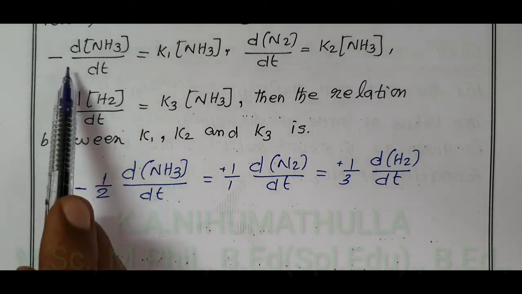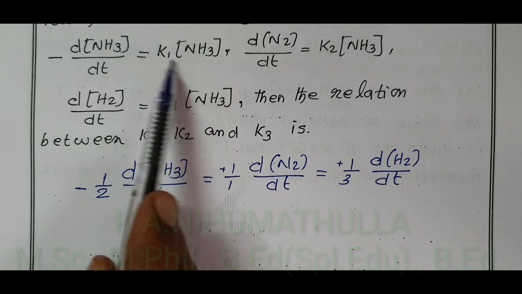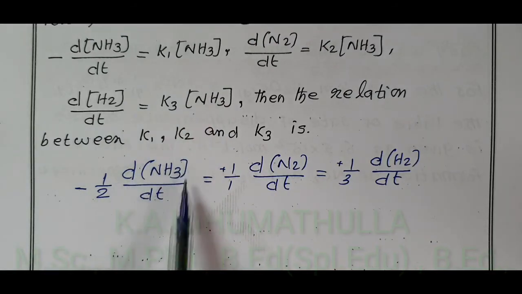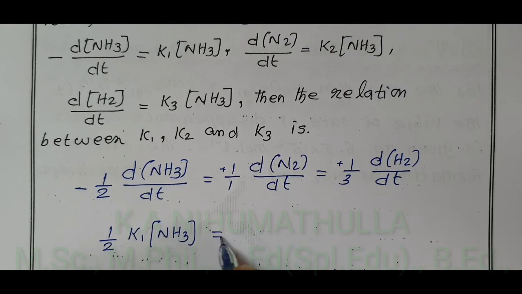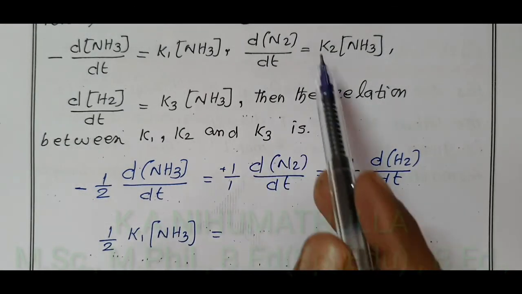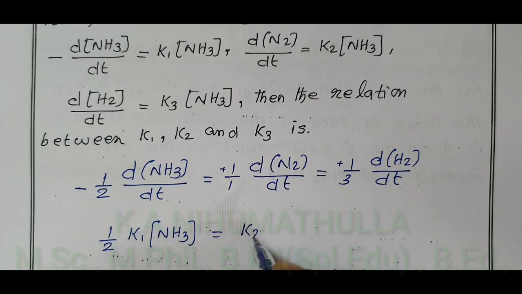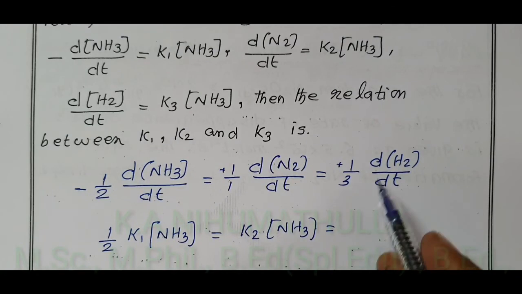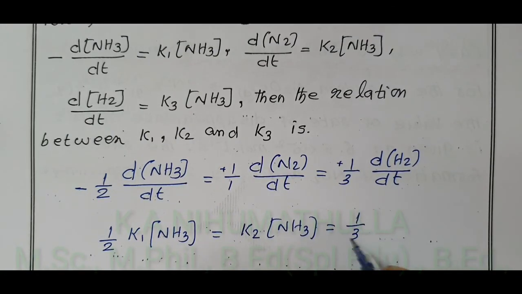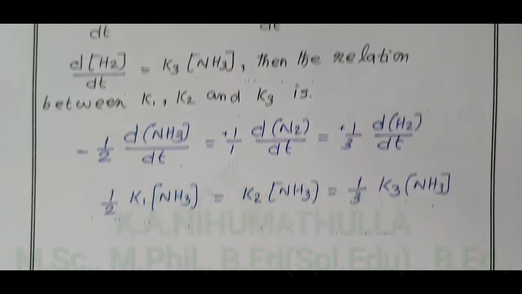Minus d[NH3]/dt is taken as K1[NH3], so 1 by 2 into K1 into concentration of NH3 is equal to d[N2]/dt, which is K2[NH3], which is equal to 1 by 3 of d[H2]/dt, which is K3 into concentration of NH3.